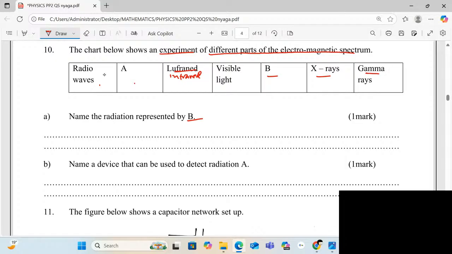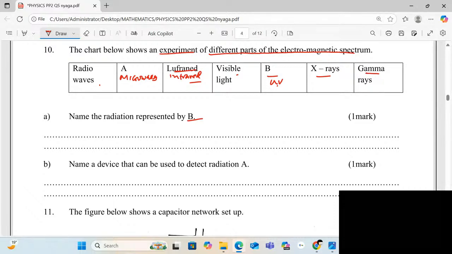So we have radio waves. Then from radio waves, we come to microwaves. We have infrared, visible light, UV. We have X-rays, and we have the gamma rays.